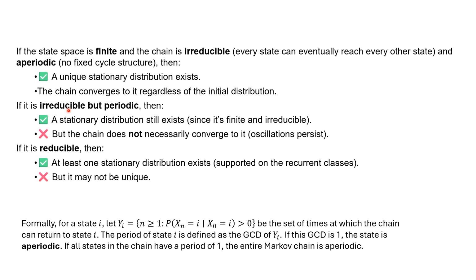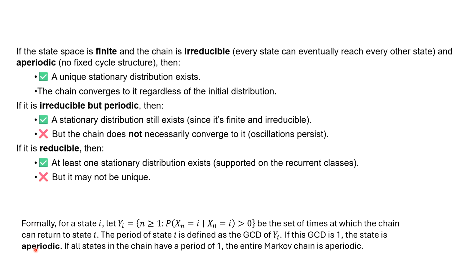If the Markov chain is irreducible but periodic, then a stationary distribution still exists since it is finite and irreducible, but the chain doesn't necessarily converge to it. So oscillation persists. And then if the Markov chain is reducible, at least one stationary distribution exists, supported on the recurrent states, but it may not be unique.